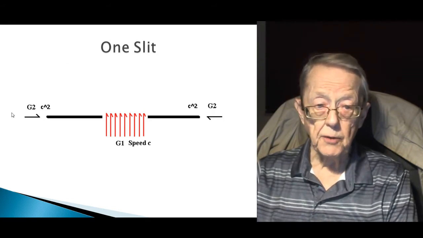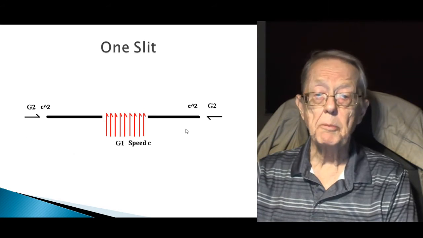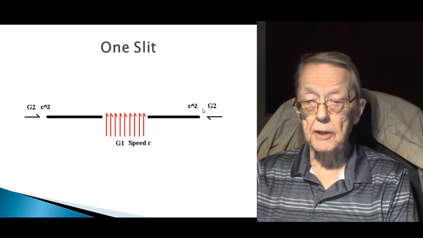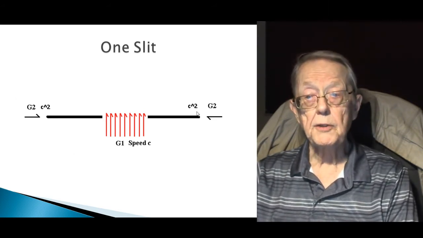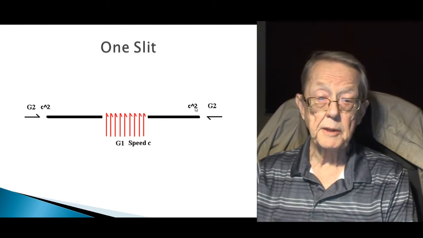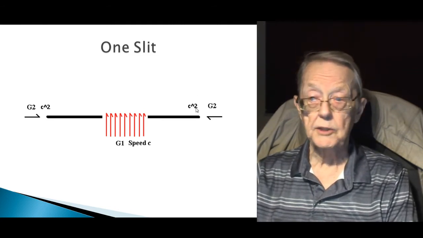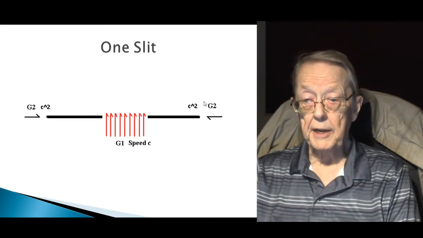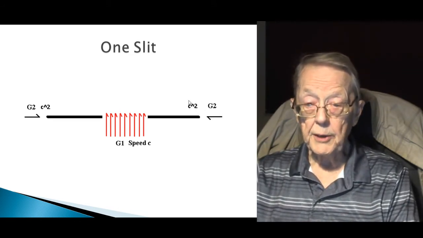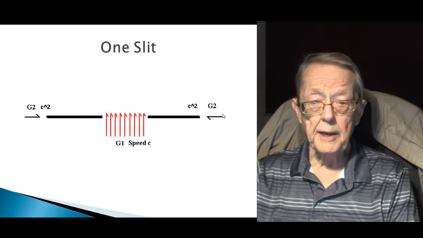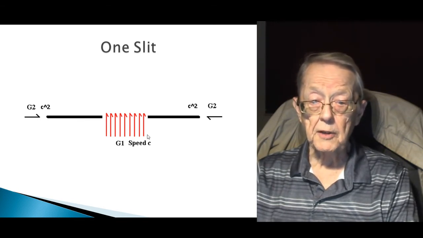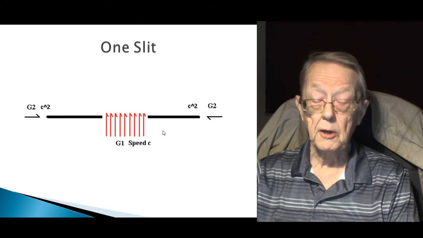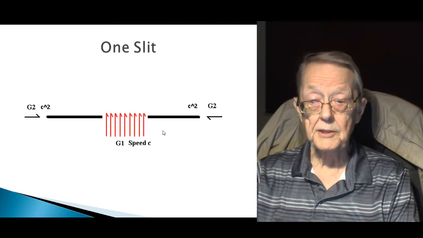The G2 particle force field, in one of my previous videos, I claimed has to move faster than light. Now, my estimate is c squared. That's just an estimate. I don't know that that's true, but I use it as a general number, indicating that it must go much faster than light if it's going to cause light to bend, accelerate, or decelerate.